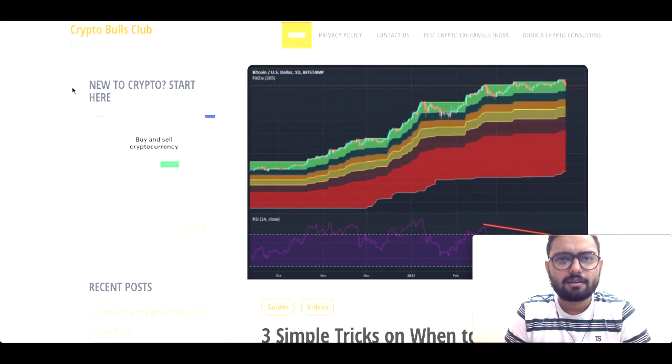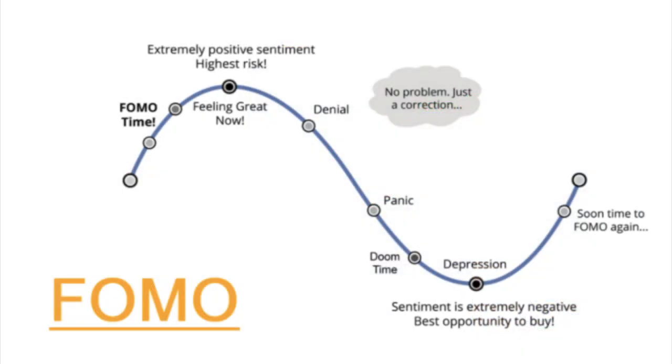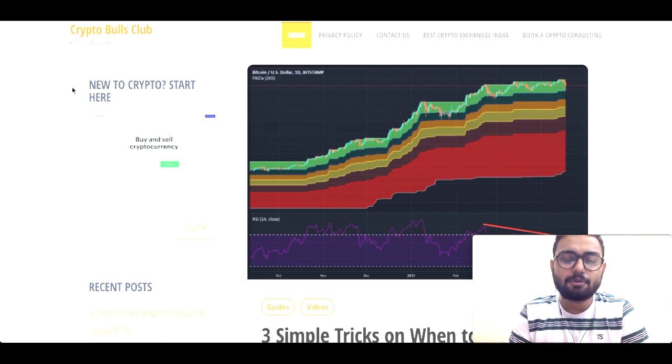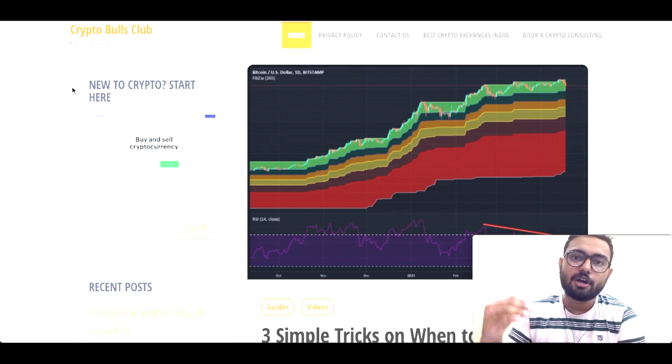The next one is pretty common across investors, okay? And that is FOMOing. Now, FOMO means fear of missing out, right? Or in other words, we tend to chase certain coins which are pumping. So please understand something, right? We come to know about a coin that is pumping only after it has pumped to a certain level.